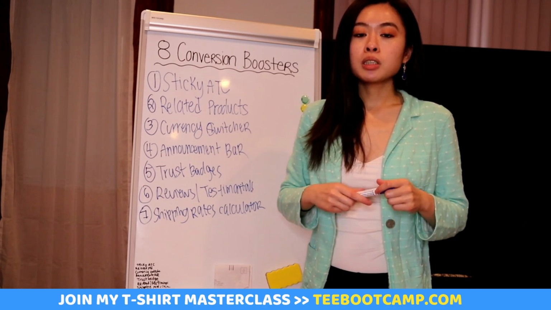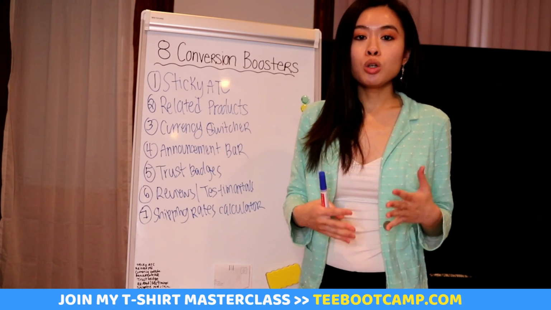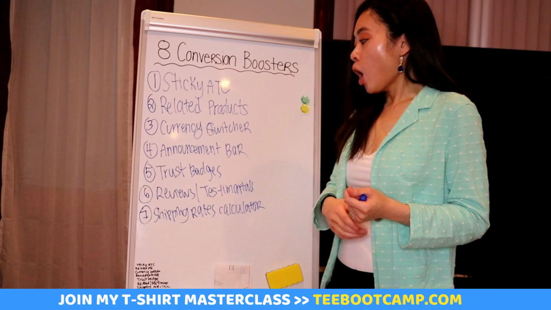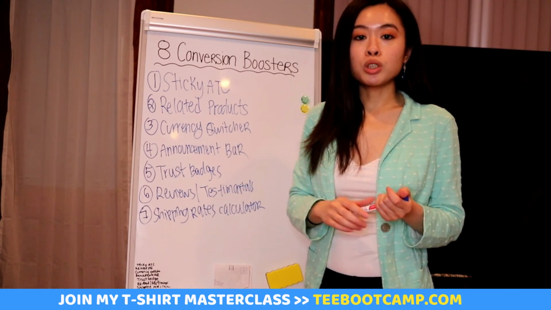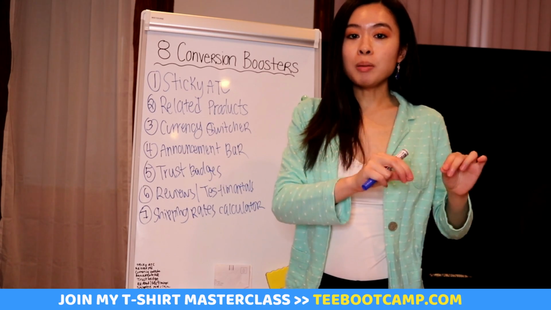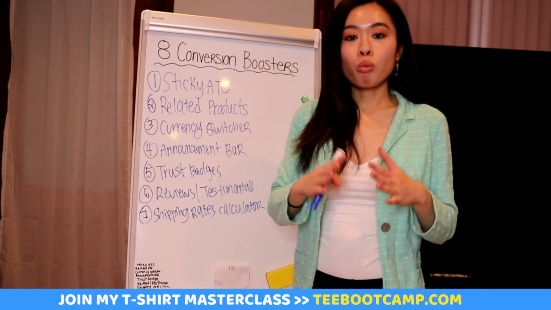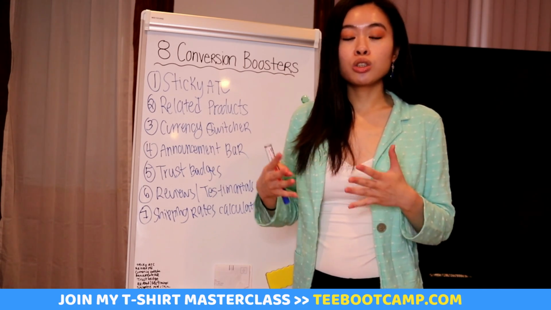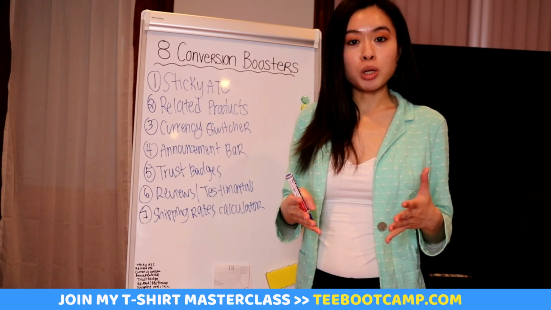Sometimes customers don't want to pay over a certain amount for whatever reason to get that product. So by offering a shipping rate calculator, you can allow the customers to input their own zip code, and that will in turn calculate a shipping rate for them so they can factor it into their decision whether or not they want to purchase from you.